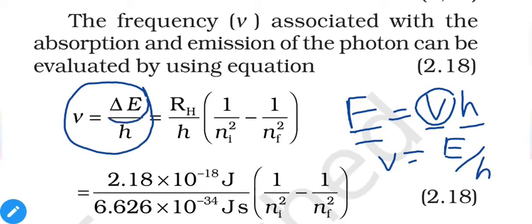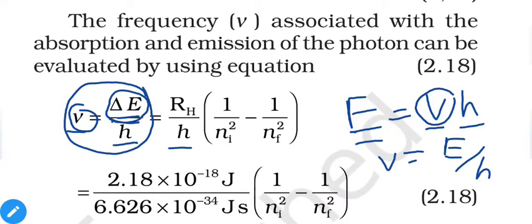Delta E represents the energy value, and the frequency required for this energy value is obtained by dividing energy by the Planck constant. Now as mentioned in the previous equation, delta E is equal to RH into bracket 1 upon Ni square minus 1 upon Nf square. Simply divide with H and you will get your frequency.